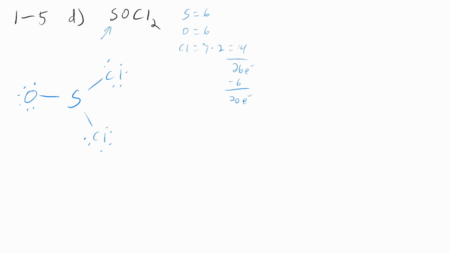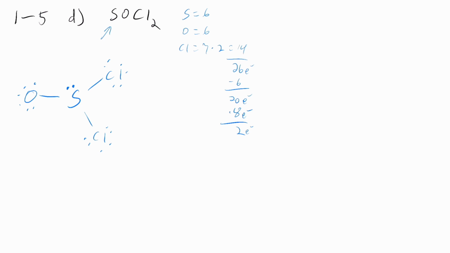That takes away 18 more, and we're left with 2 electrons. I said in the previous video that this is good because sulfur only has 6 at this point, and sulfur needs 8. So we'll add those other 2 electrons onto the sulfur.